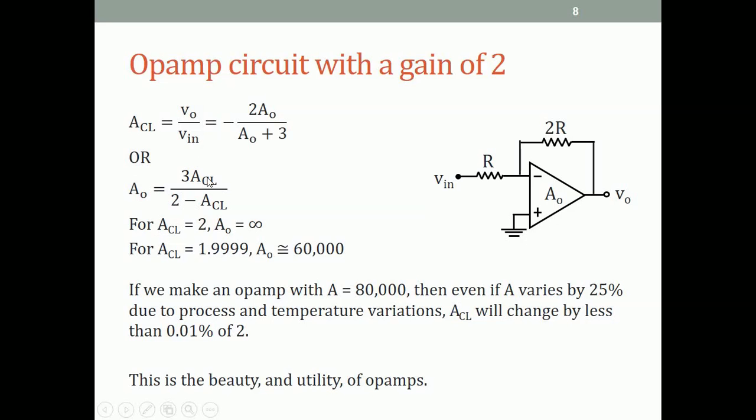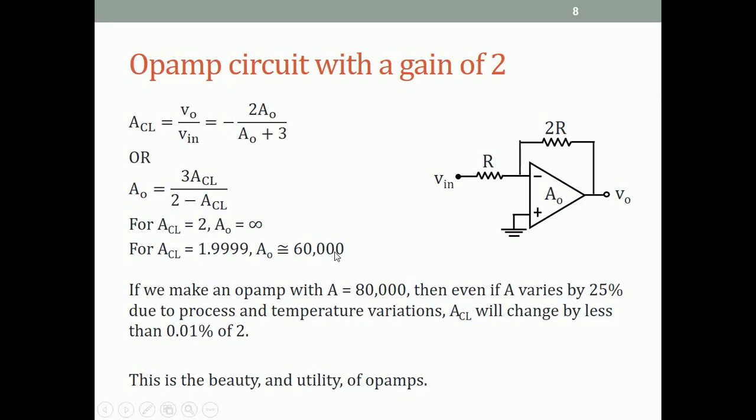Now if we want ACL to be 2, of course A0 has to be infinite, which is not possible to achieve. So this gain never becomes equal to 2, it is always slightly less than 2. But suppose we say, I'm okay with ACL of 1.9999. Then the A0 required is 60,000.